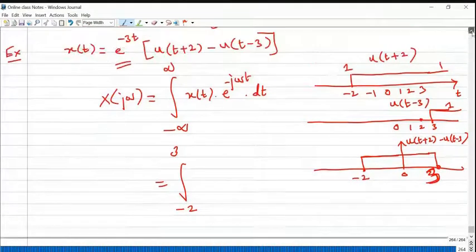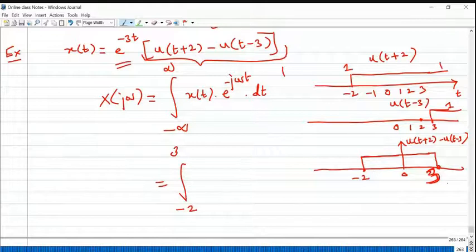So x of t equal to this term becomes 1, from minus 2 to 3, right? But e power minus 3t, one more term is available. So e power minus 3t dot 1 into e power minus j omega t into dt.